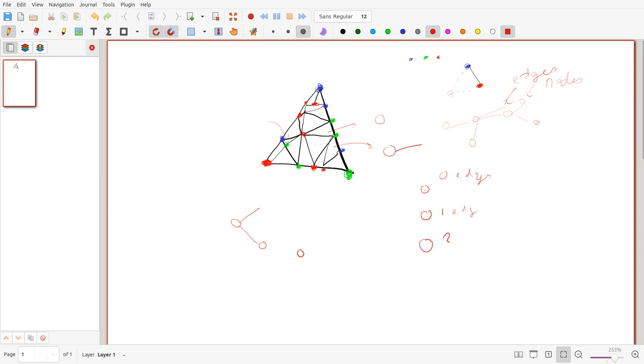Is it possible to have triangles with two edges coming out? Yes, it is, right? Because we just saw if I have a red blue edge, and if I either place a red here or a blue here, we get two edges suddenly. And is it possible to have three edges? No. The node will not have three edges ever. In fact, it will never have more than two edges because it's physically not possible to have more than two red blue edges in a triangle.